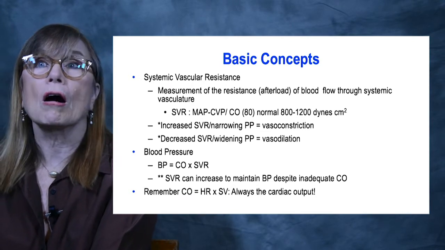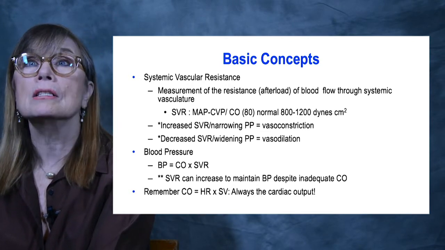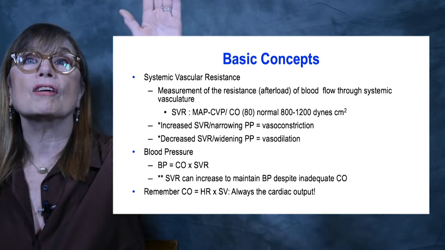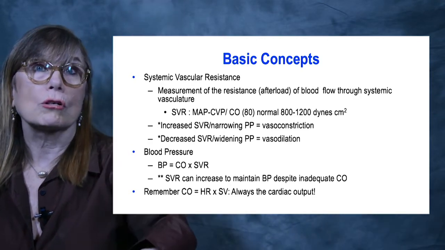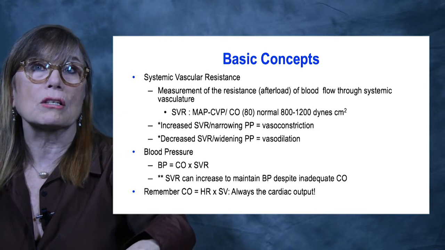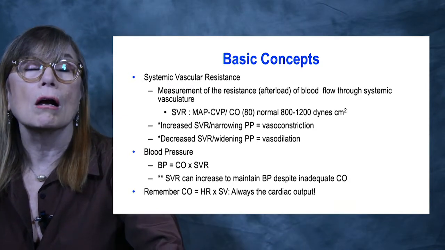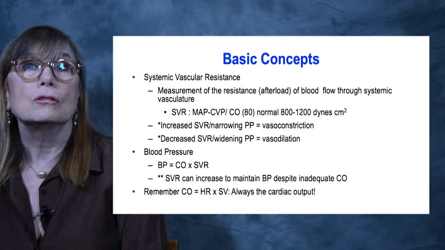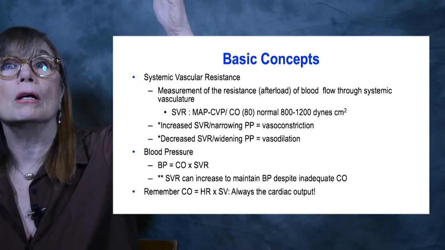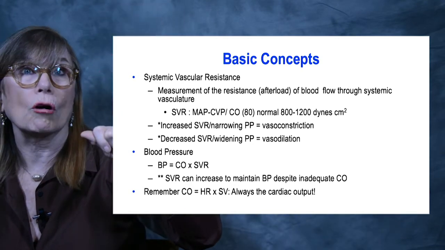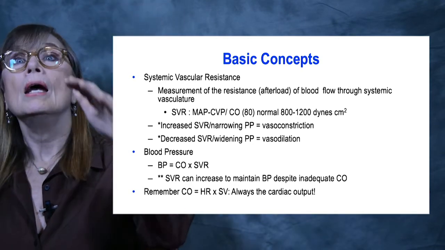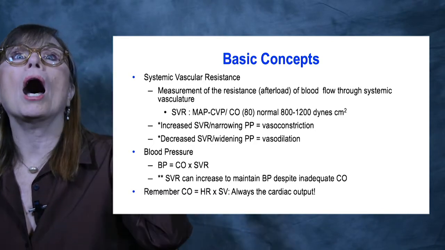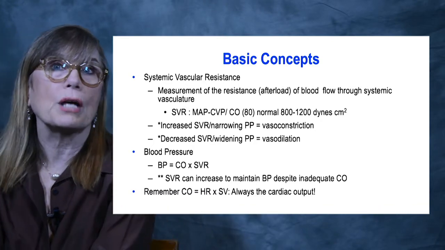Normal SVR is 800 to 1200 dynes per centimeter to the 5th power. Increased SVR means that you have poor stroke volume and you're vasoconstricted. Decreased SVR means that you have high stroke volume and you're vasodilated. So SVR greater than 1200, vasoconstriction with poor stroke volume. SVR less than 800 means that you have a high stroke volume with vasodilation.